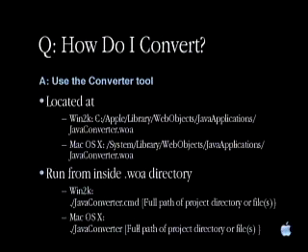On Mac OS X, this is at System Library WebObjects Java Applications JavaConverter.wa. It claims to be a .woa, but it really isn't. We're just leveraging the packaging. You run it from a shell inside the .woa directory, and it's a fairly simple thing to do. You enter your command script plus the full path of the project directory or files that you want to convert, and you hit return, and we take over from there.